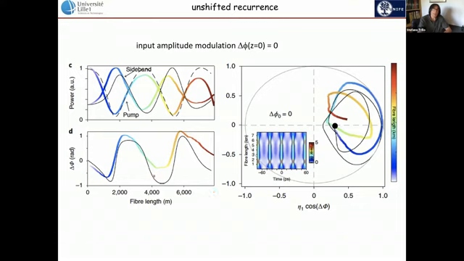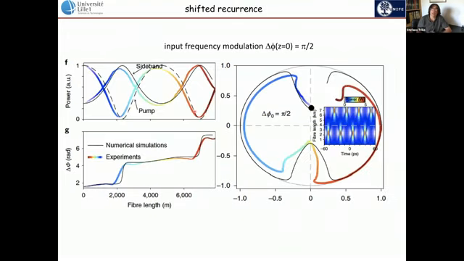You can see that in this case the phase is limited to the right half plane of the complex plane, between pi over 2 and minus pi over 2. And if you project the evolution into the phase space, you get this orbit that you expect, as I've shown before. The agreement with the integration of the NLS is not bad.